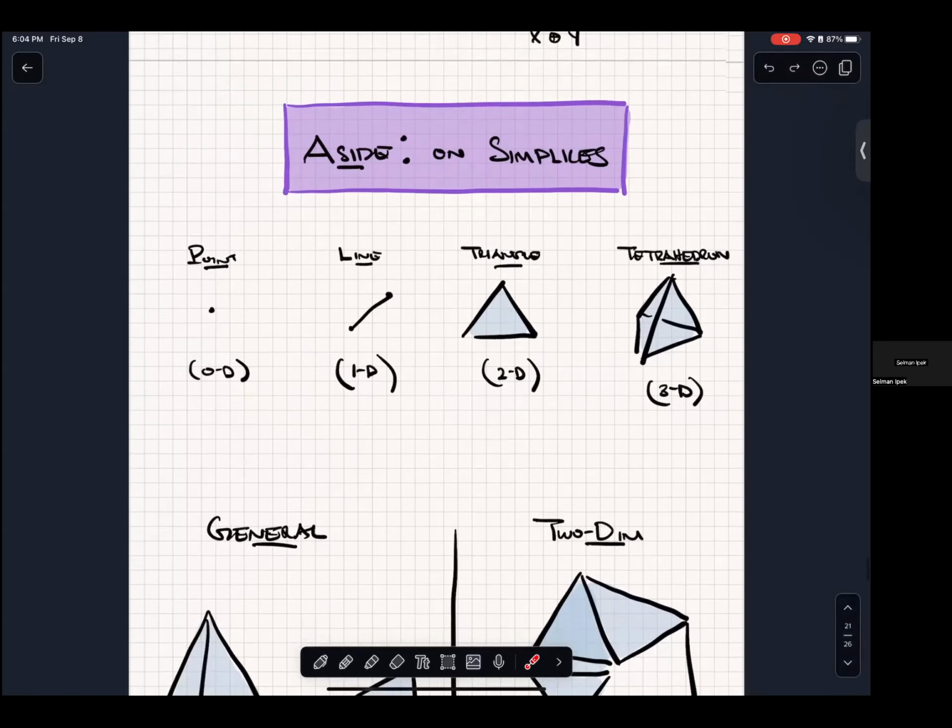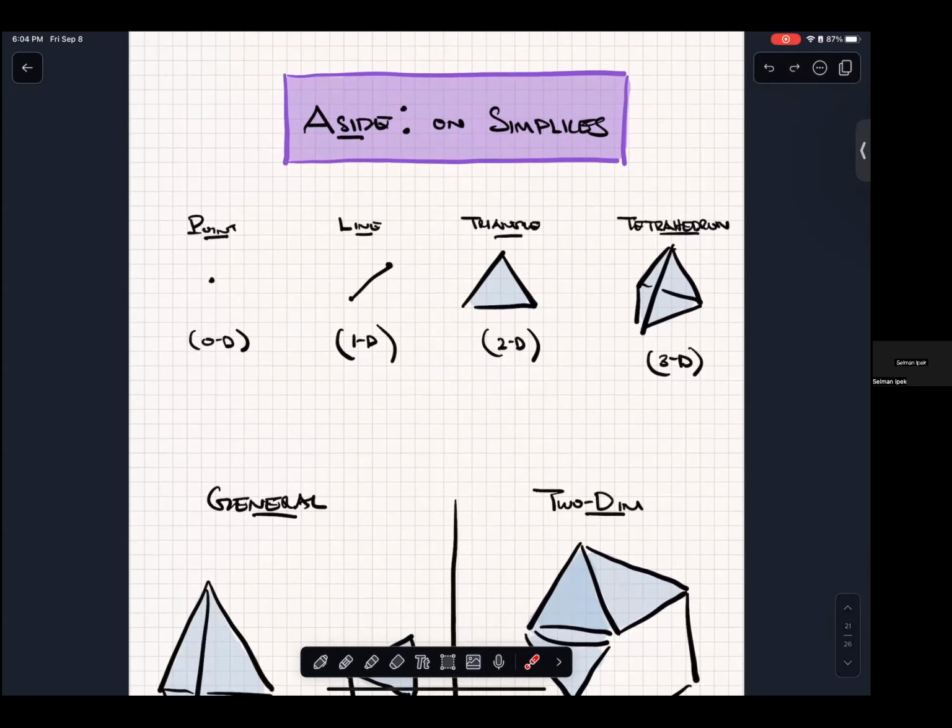So I want to talk about simplices. This triangle is an example of a simplex, and simplices is the plural of that. A zero-dimensional simplex is a point, a one-dimensional simplex is a line, a two-dimensional simplex is a triangle, and a three-dimensional simplex is a tetrahedron, and then you can keep going in higher dimensions.